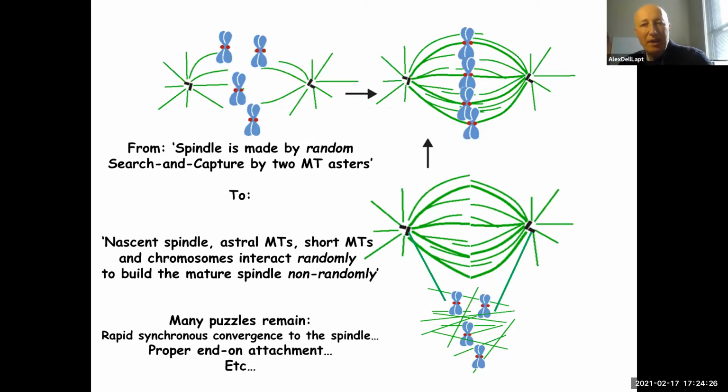And so, to my mind, this is really the main general conceptual problem, a very exciting problem for mathematical biologists. How, with tens and hundreds of very stochastic, noisy players with many errors in the middle, in the end we get this very rapid and faithful result.